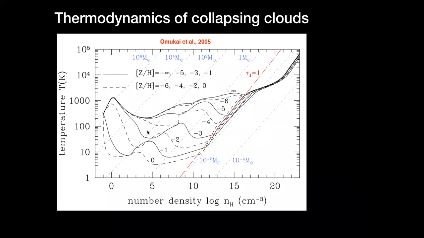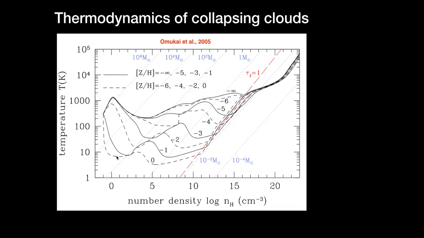And all these curves represent specific metal contents. For instance, over here, this is the curve which represents the present day star formation, where you can expect that the temperature is around 10 or slightly below 10 Kelvin. So how is the evolution going on in terms of the density and the temperature?